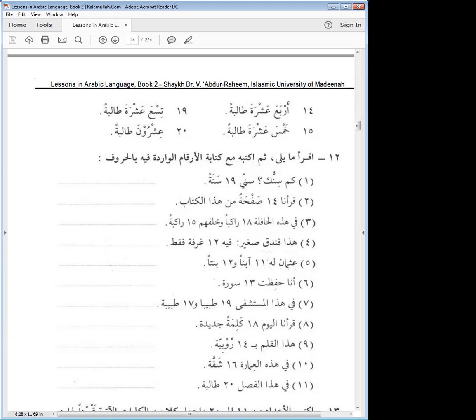Sinnatan. Right? So the sinnatan, this means year. So the thing that we are counting is sinnatun or sinnatan, which is years.